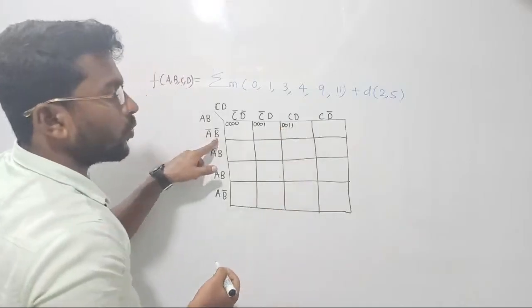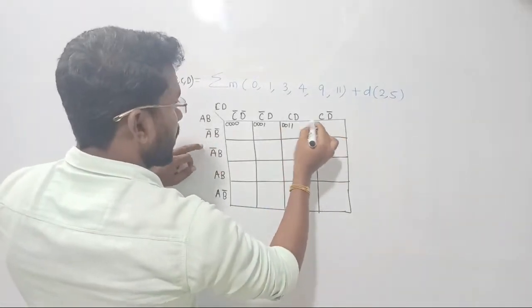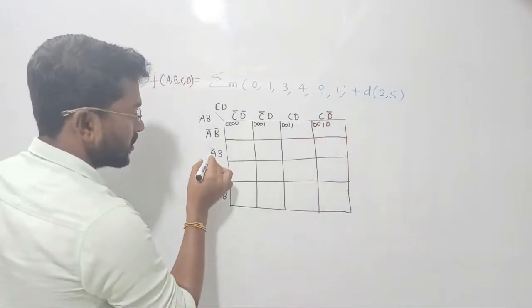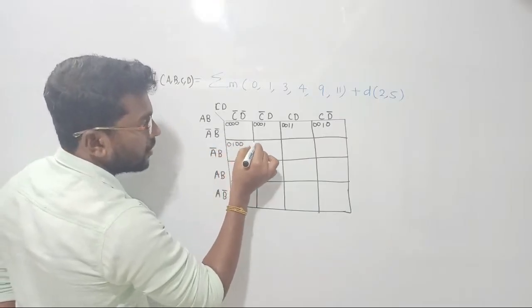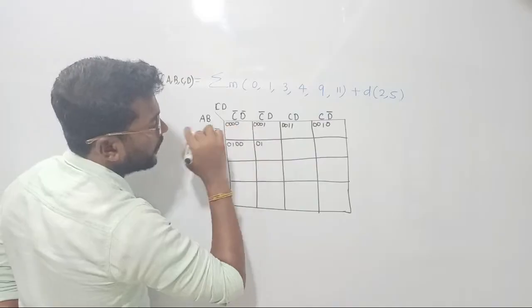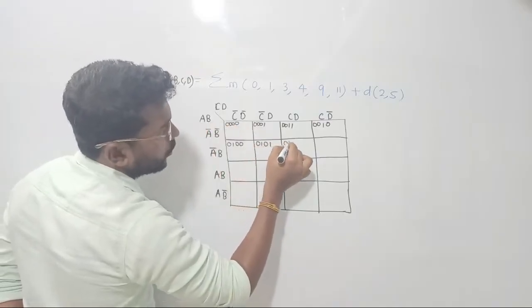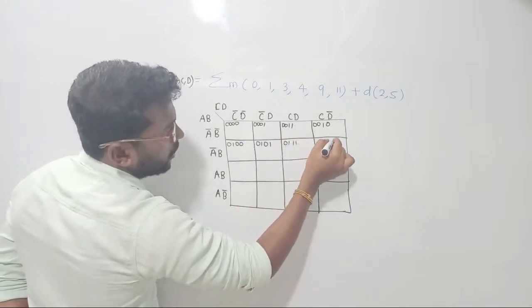C bar means 0, no bar means 1. So for C we consider 1, for D we consider 0, such that next 0 1 0 0. Next 0 1 0 1, 0 1 1 1, and 0 1 1 0, right?